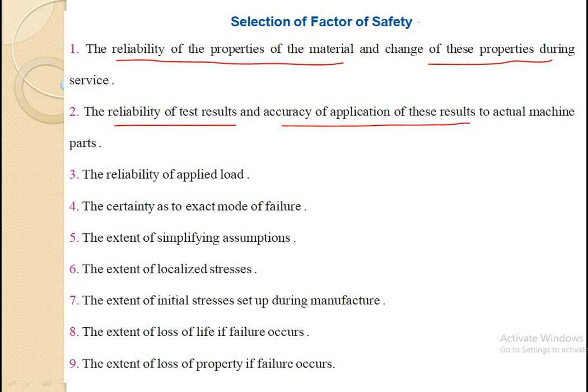But if that results' reliability is not there, means if the results are not accurate, then we have to go on the safer side.